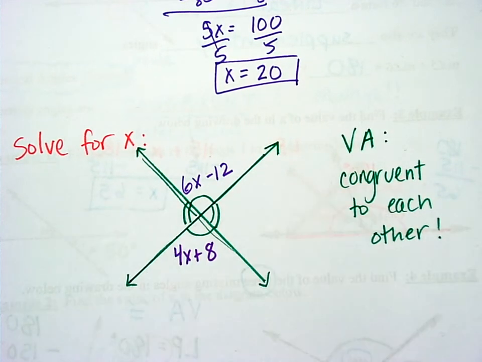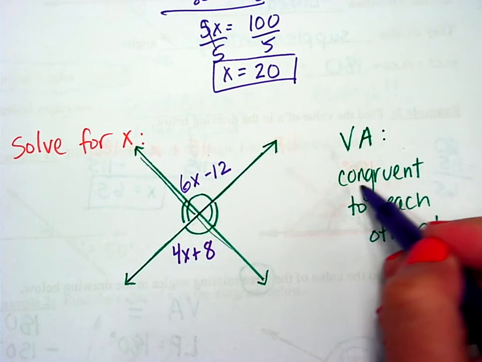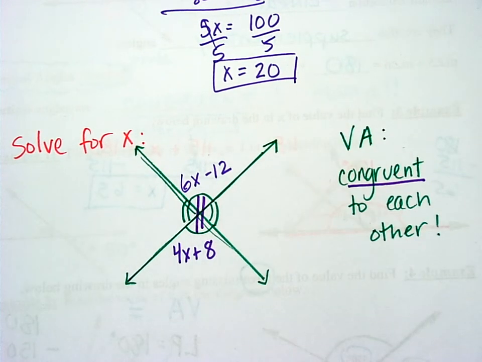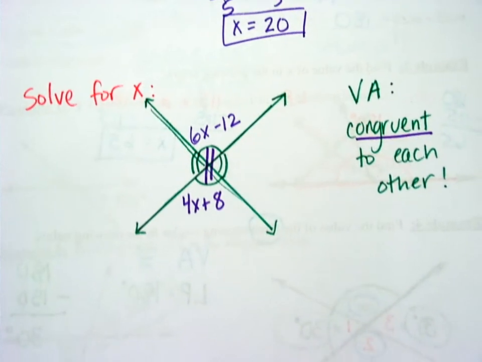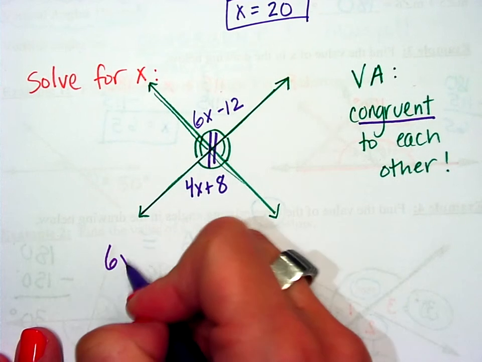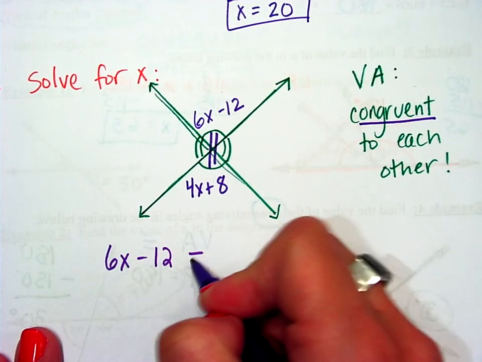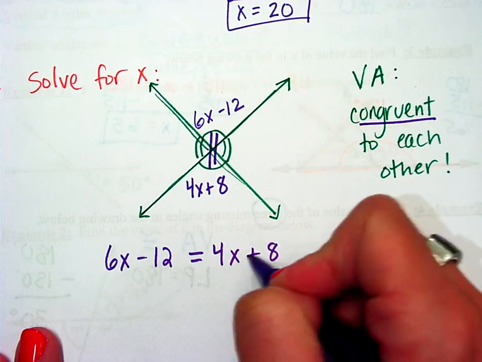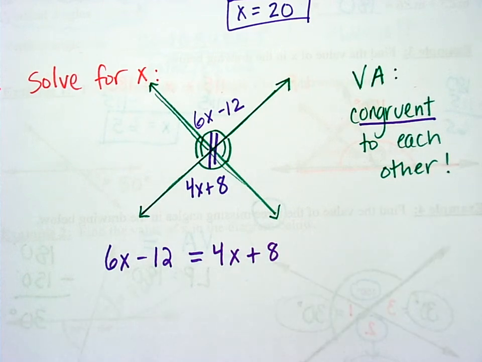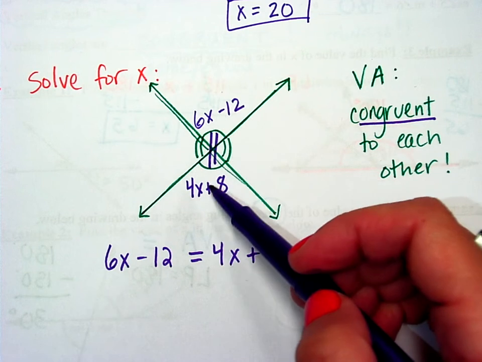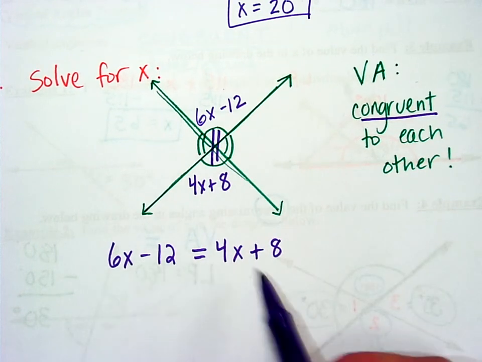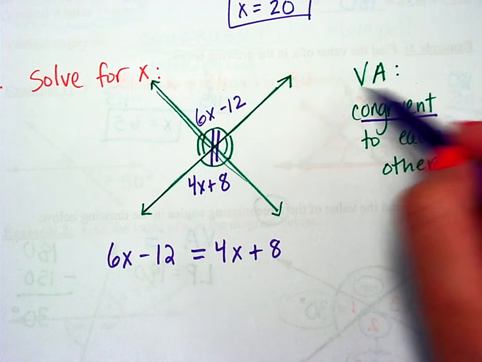And so since we just said they're vertical angles and they're congruent to each other, these have to be equal to each other. So the equation I want to set up is 6x minus 12 is equal to 4x plus 8. Okay, no 180s, no 90s. One has to be equal to the other one. They're exactly the same. They're equal to each other. This is only for vertical angles.